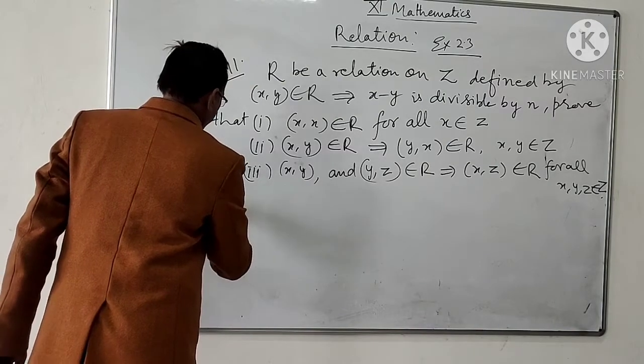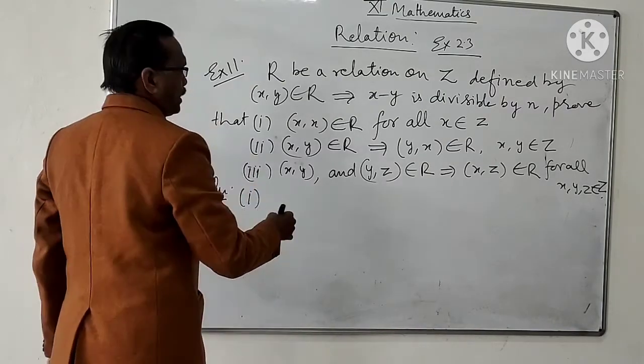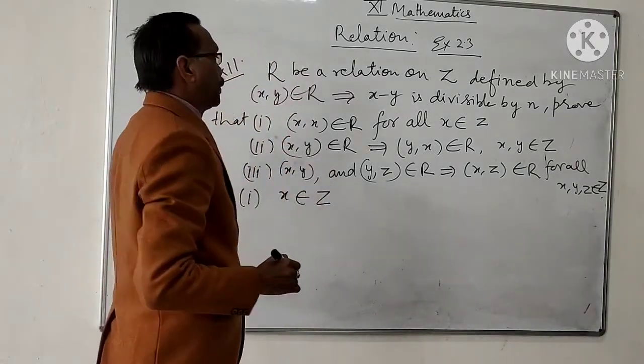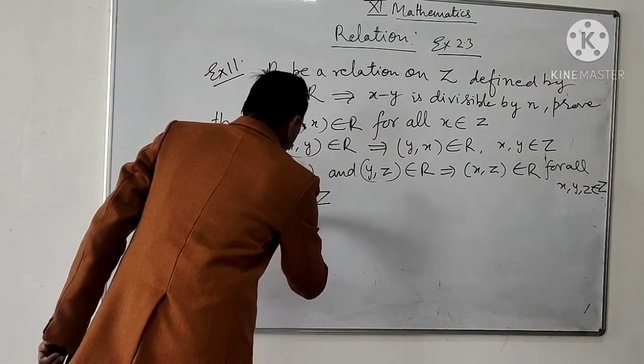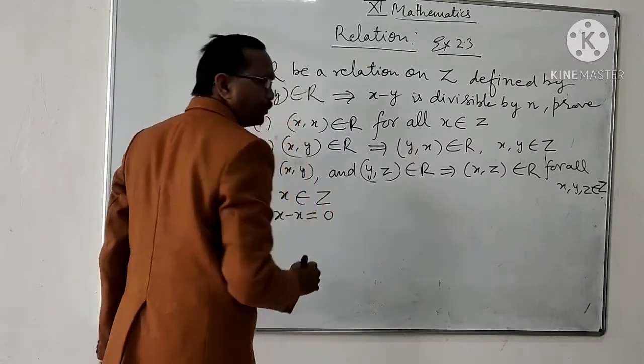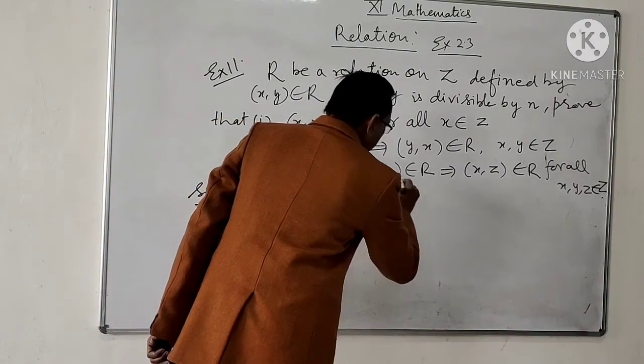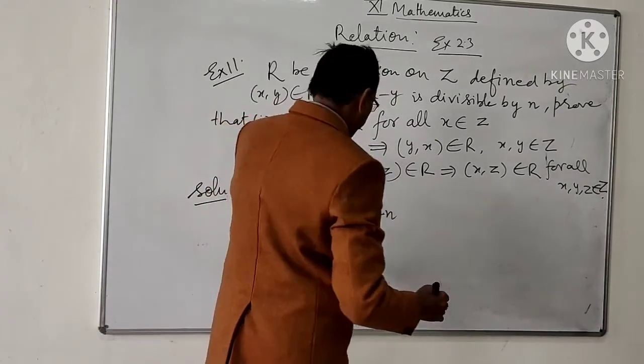First part. Here x is an integer. So x minus x is what? It is 0. And 0 divided by n is also 0.